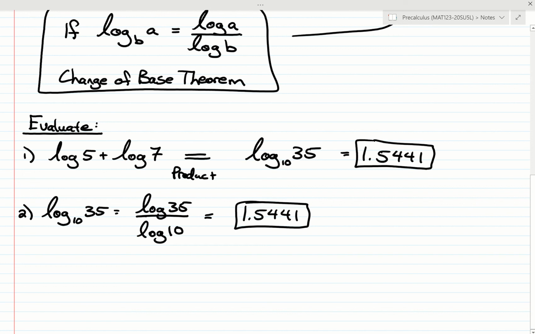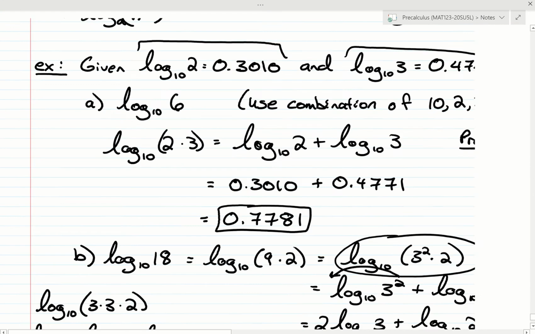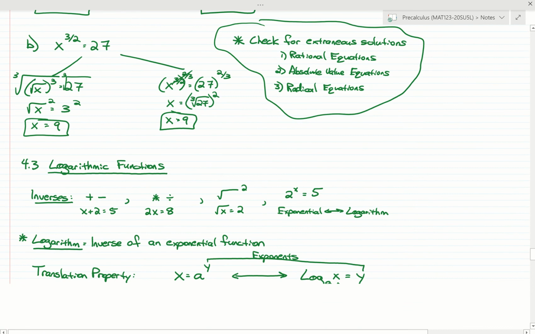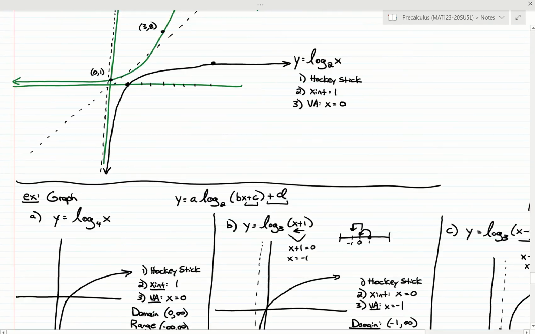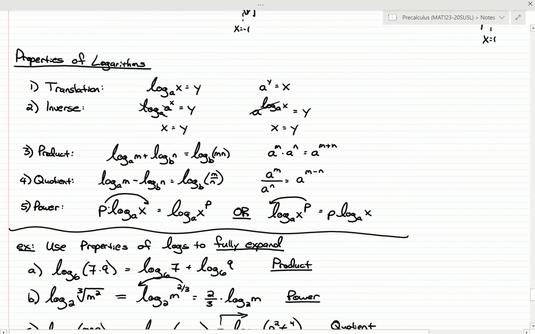Well, going back to our discussion of logs, remember, if there's no base written, it's automatically 10. And this is the inverse property of logs. I'm going to go back in the notes just to show you this. If we go back to our properties of logs, right here, the inverse property.